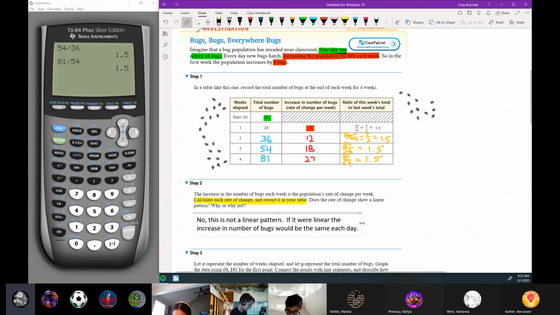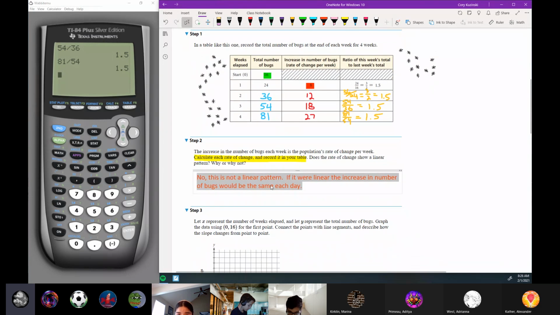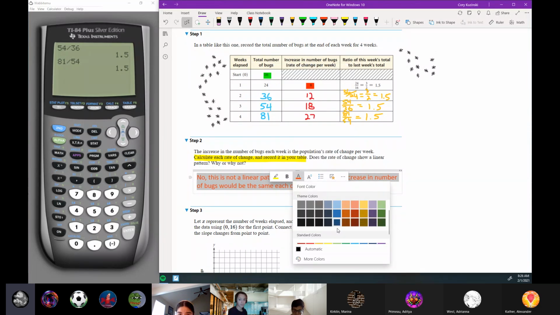To say no. Okay, it's not a linear pattern because the increase in the number of bugs, actually, yeah, let's do this in red because that's what our middle column was in.